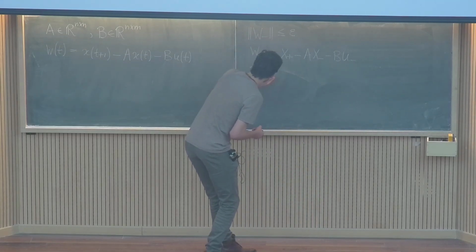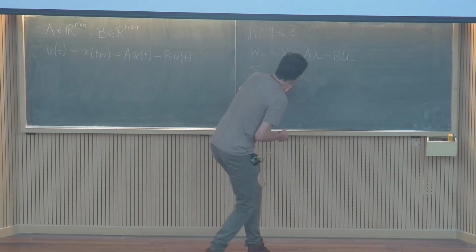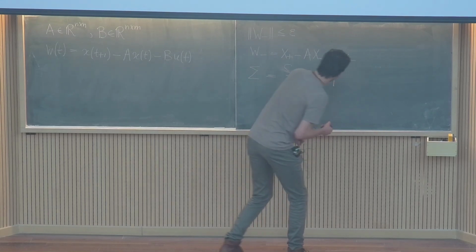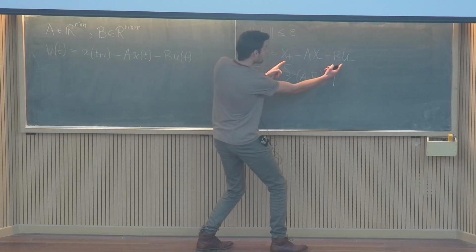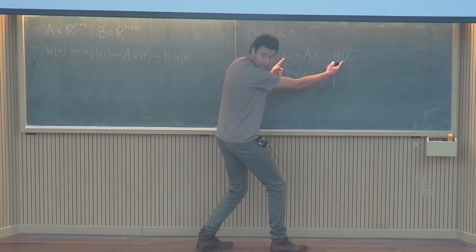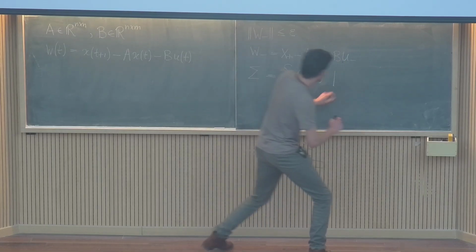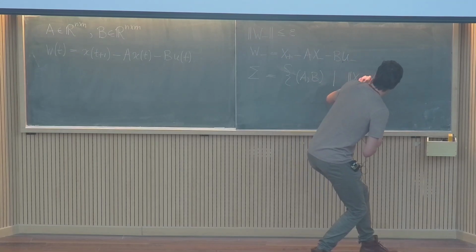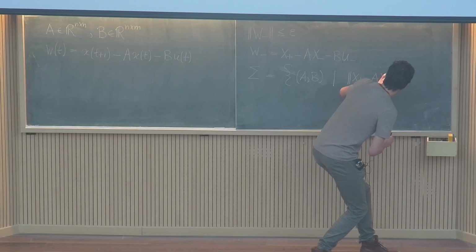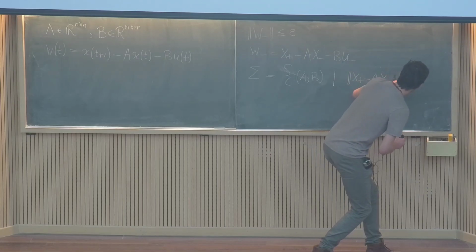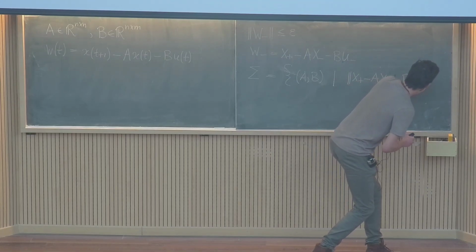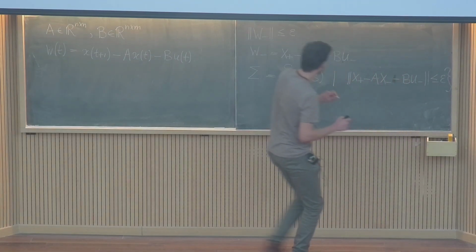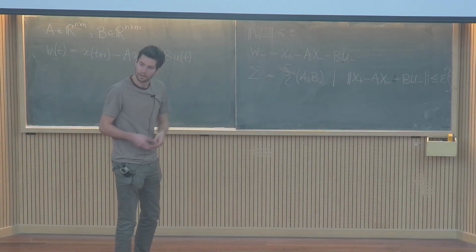That implies actually that this set sigma, in this case, consists of all pairs A, B for which this matrix over here has norm less than or equal to epsilon. So x plus minus A x minus minus B u minus in norm is less than or equal to epsilon. Like this.